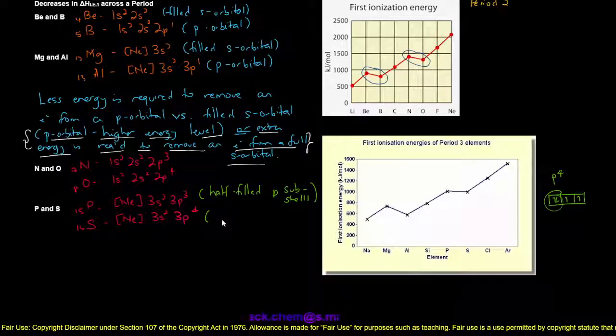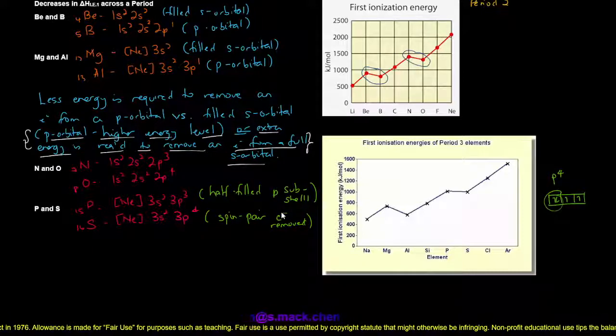Right, so comparing this to sulfur, we would be removing an electron from a spin pair. Let us look at why it takes less energy to remove an electron from a spin pair, that is sulfur or oxygen, compared to a half-filled p subshell of either nitrogen or phosphorus.